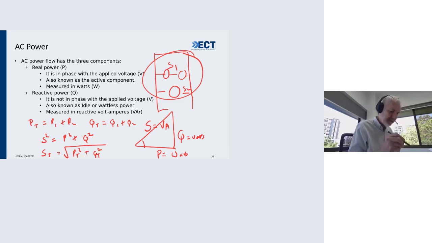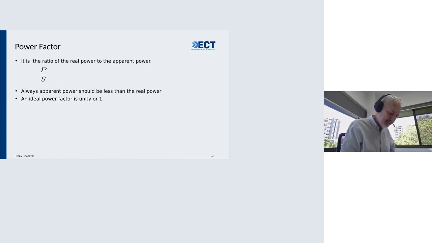S total is not S1 plus S2, bear that in mind, mainly because this is your angle, power factor angle, cosine phi is your power factor, and obviously this angle could be different for the different Q1s, P1s. And obviously power factor, as I said, is theta there, S, Q, P.